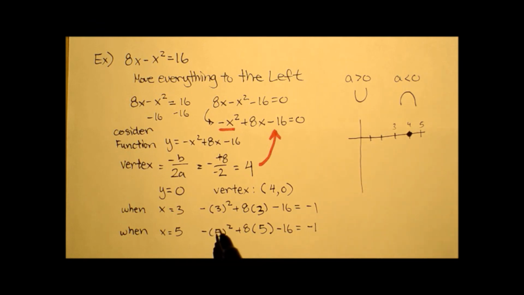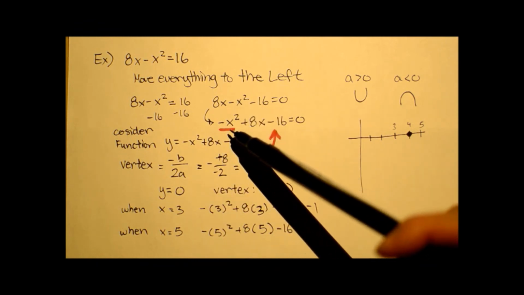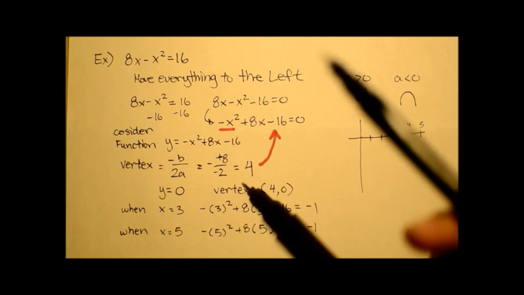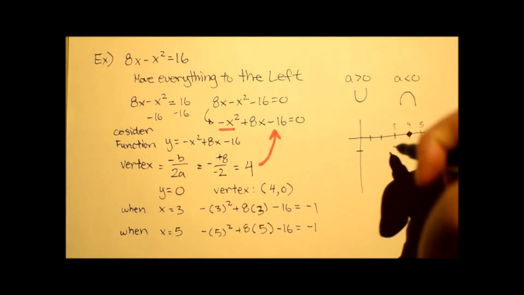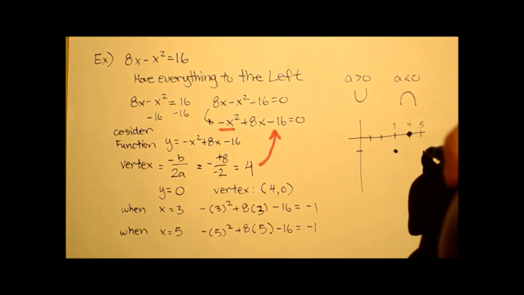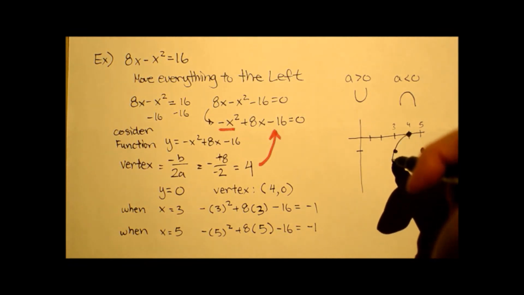Remember, when we're doing squares here, this negative is not part of the function x squared. So we are going to have to use parentheses. Make sure your parentheses are correct and your order of operations stays satisfied. So there are my other 2 points.